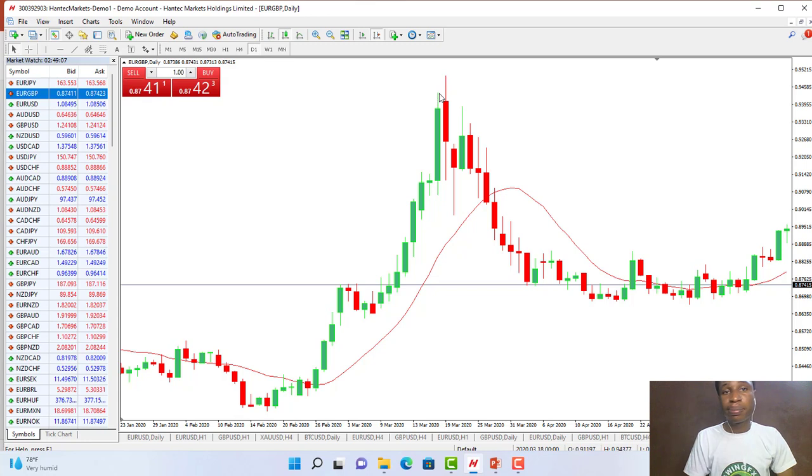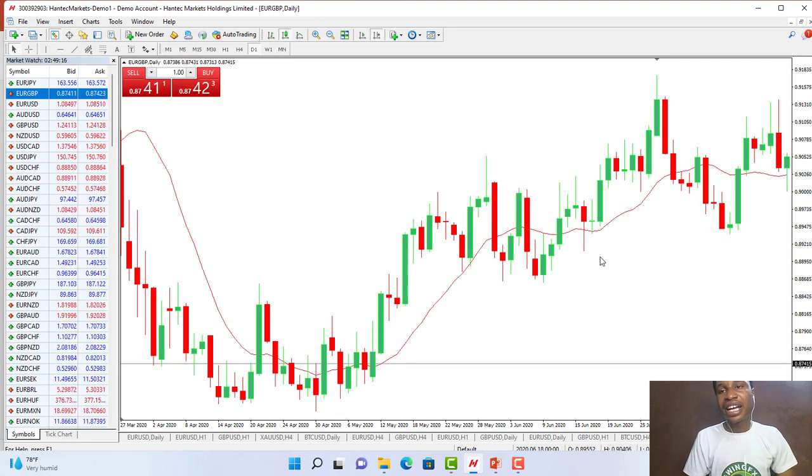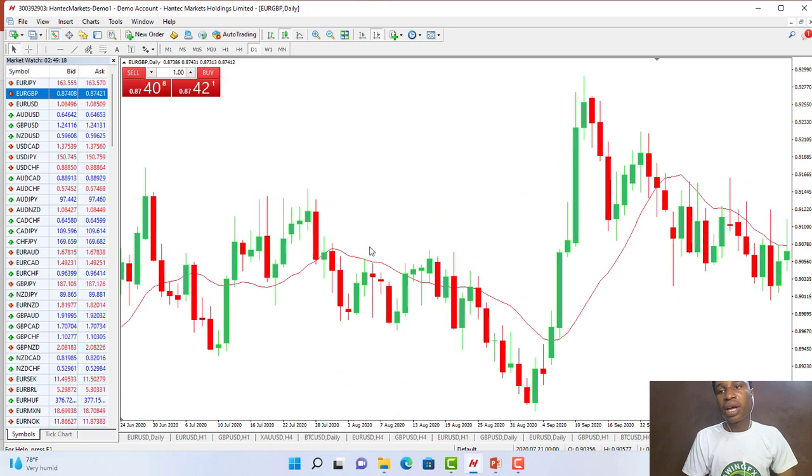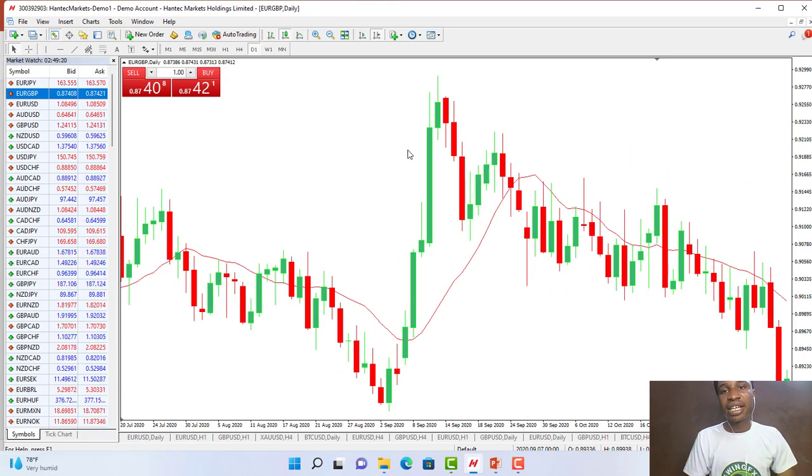This is EUR/GBP. You can see this is a dark cloud pattern. A gap must be there before it closes below. Okay, this is another dark cloud pattern too. You can see at the end of the day, wherever it's spotted, it goes in that direction, right?